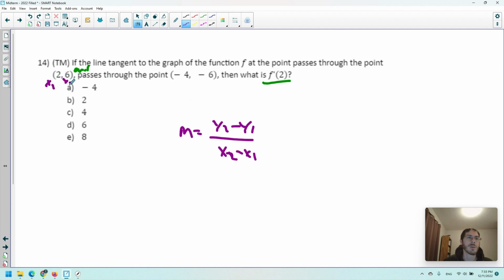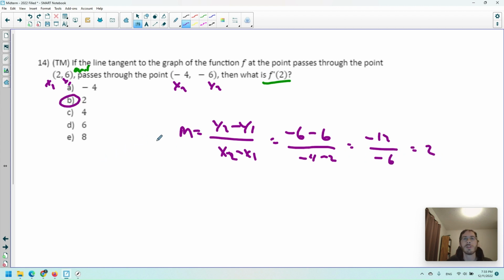Here we'll go x1, y1, x2, y2. So -6 minus 6 over -4 minus 2, which is -12 over -6, which is 2. So our slope here is going to be 2. Again, the slope is going to be the derivative at 2. But it's only f prime of 2. It wouldn't be f prime at any other value. So that's what we got.